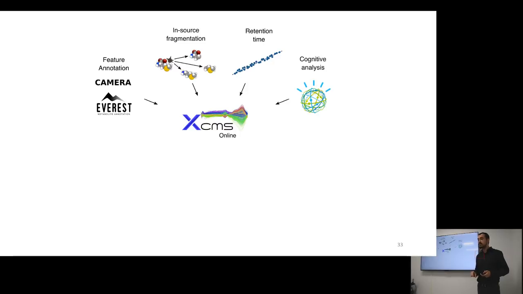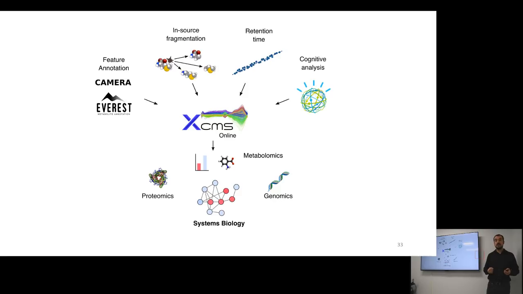And finally, we're also working on a cognitive analysis of our samples to leverage the information from scientific literature to, again, annotate better or to get a better idea of what we're dealing with in our samples. All these levels combined allow us to get a more robust putative idea of what are the observed dysregulated metabolites in our samples, so we can combine that information also with other omic analysis, and enable in turn a systems level analysis.